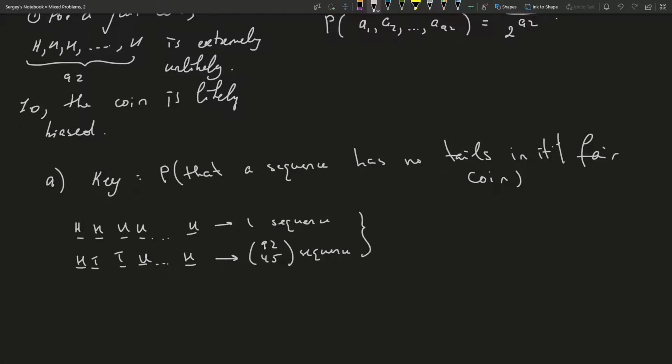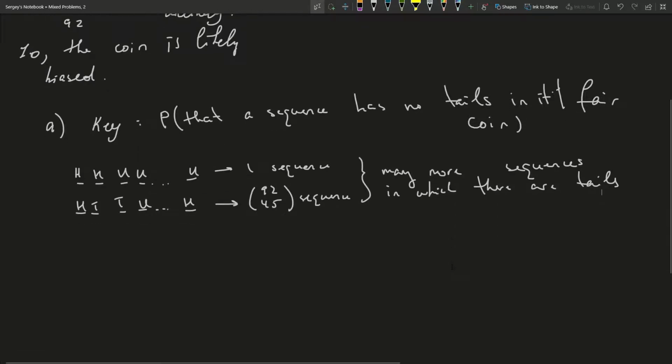So what this tells us is that there are many more sequences in which there are tails. Right? There's only one sequence with all heads, but there are far more sequences with a mix of heads and tails.